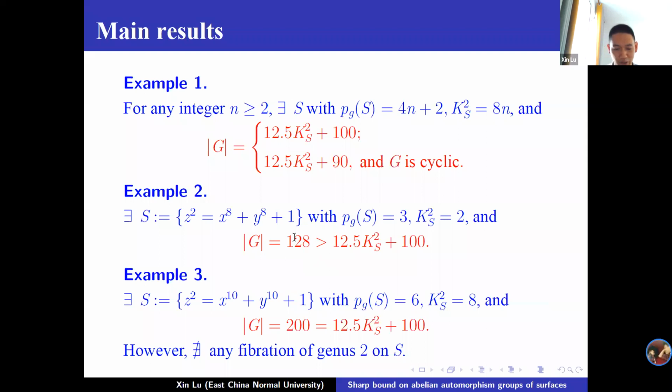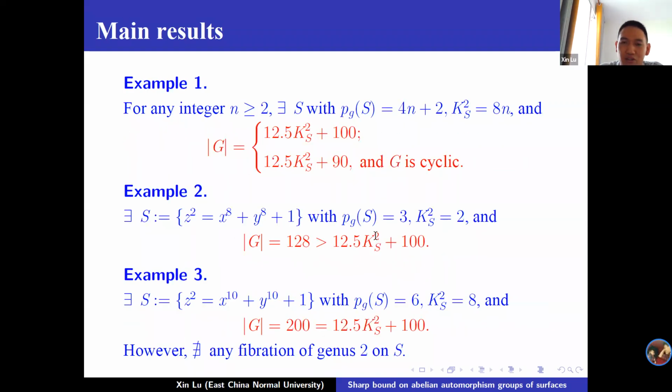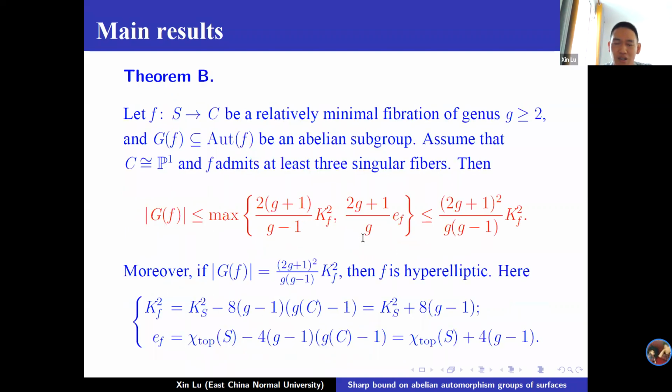And this is our main result for the bound for the size of the abelian subgroup. And to prove this result, we will also need to consider the fiber surface case. So our second result is about such questions in the fiber surface case.